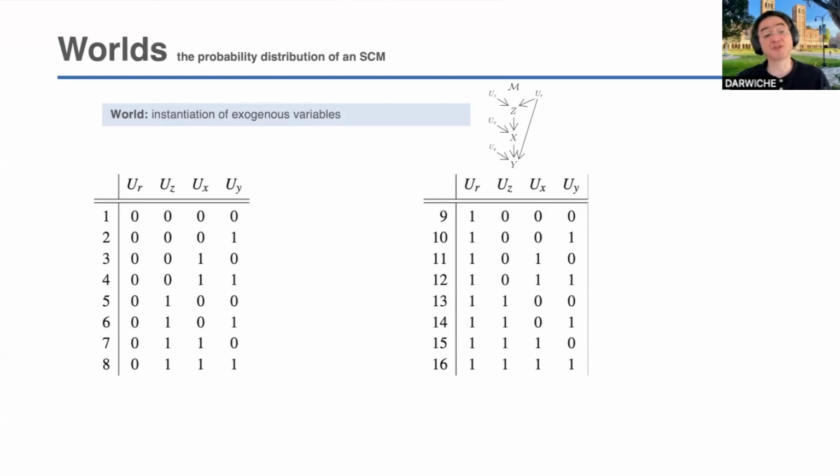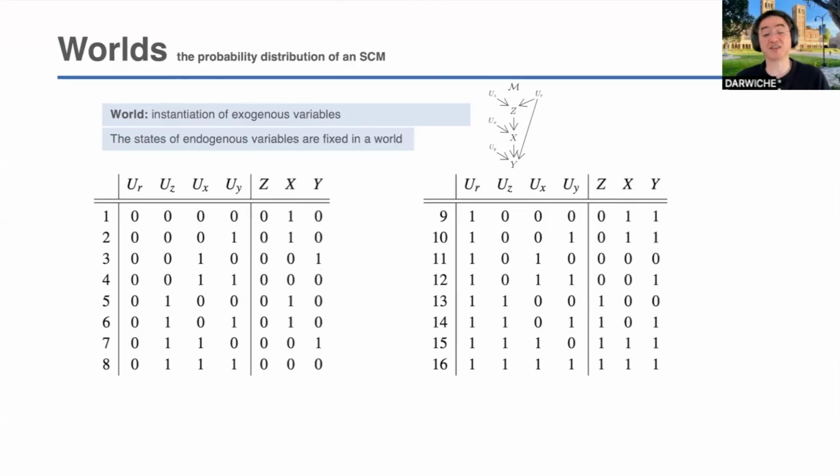So if I'm talking about the joint distribution that is specified by a structural causal model, I only need to look at the instantiations of the root variables. And again, in this case, here they are, and there are 16 of them. If you use the structural equations, you can infer the values of the other variables. This is a very important observation about structural causal models, which also allows you to compute the probabilities of each one of these worlds very easily.